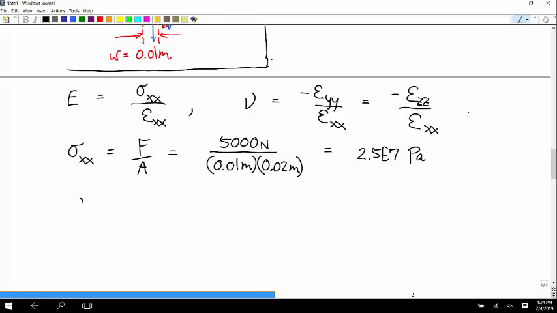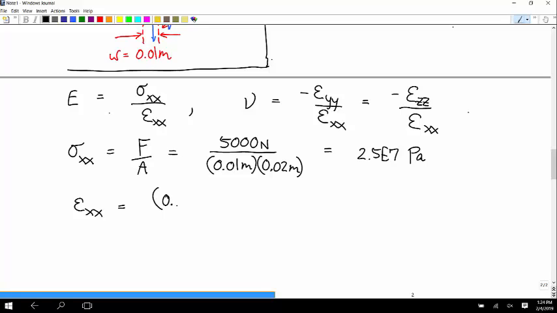And then the strain along the x-axis. The strain is the deformed length minus the starting length, the unloaded length, divided by the starting length, the unloaded length. So we want only the x values. Along the x-axis, what's the deformed length?